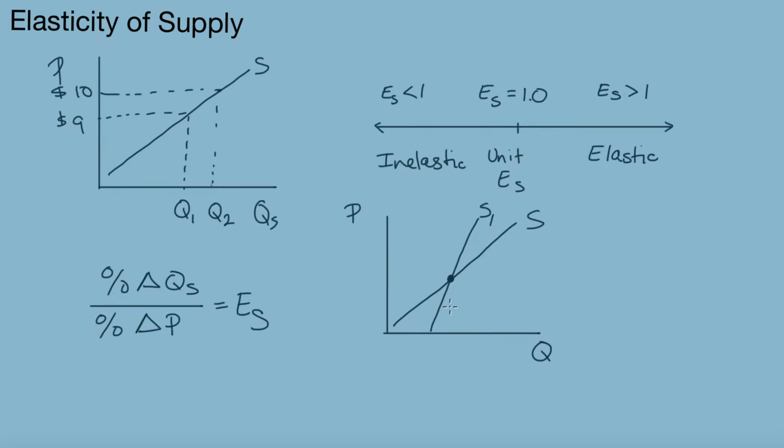Some of the things that determine the elasticity of supply for a company are changes in the per unit production costs as the production increases. So basically, as we increase the quantity supplied and firms are increasing the amount that they're producing, what's happening to the slope of that curve? Is it getting steeper? Are the costs getting higher as they increase production?